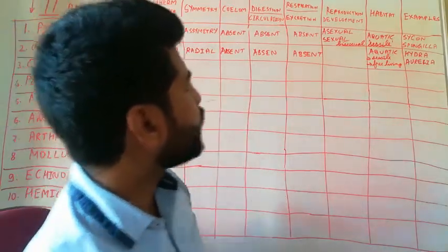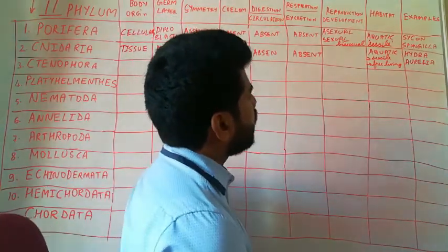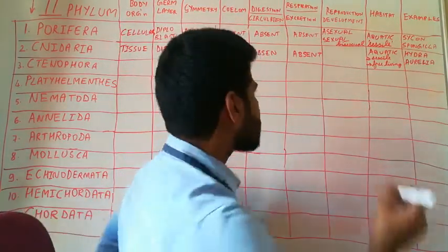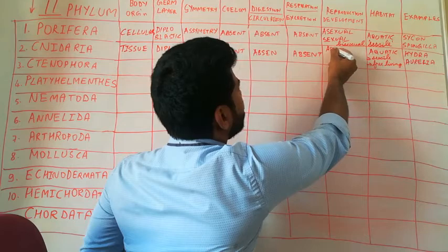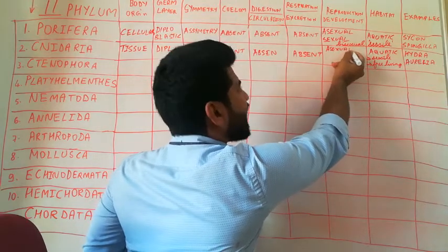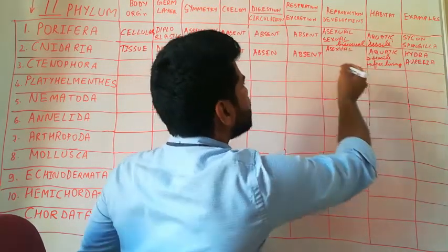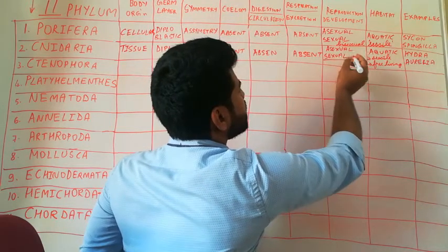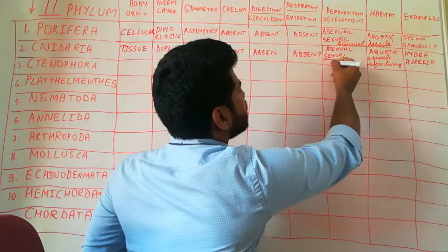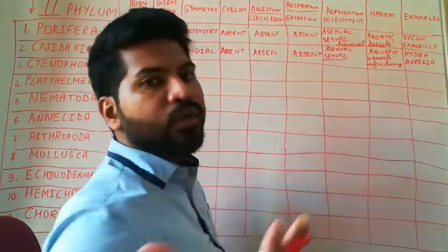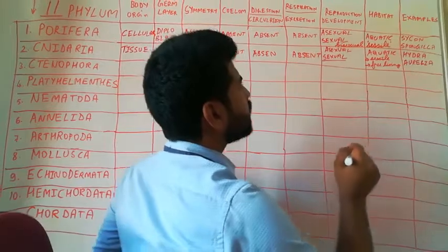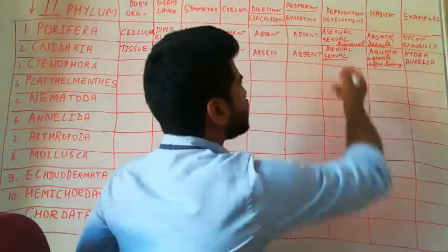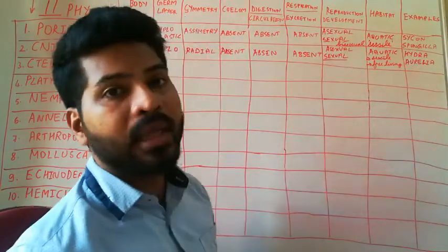Talking about reproduction, Hydra and some other forms show asexual reproduction, that is by budding and fragmentation, and sexual reproduction is also seen. Once again, there is no separate male and female. Both the male and female organs are present in the same body, so they are also hermaphrodites or bisexual.